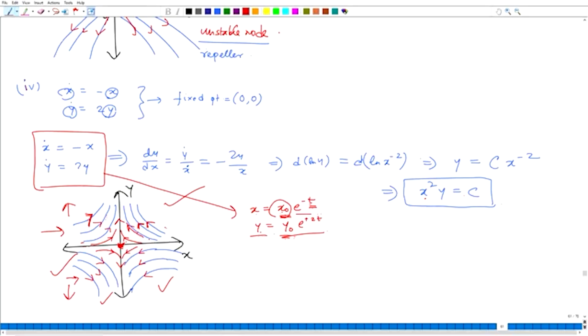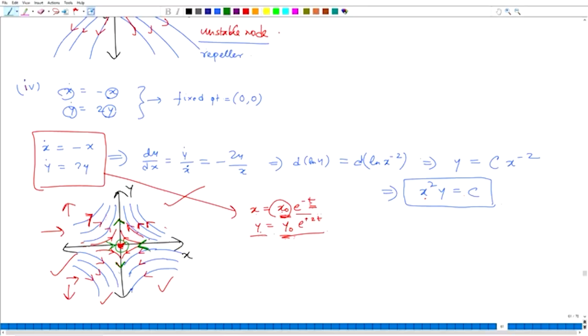So on the axis I take this green color, that will be the direction of the phase space trajectories. Now, you will see that along the y axis it looks like a repeller, but along the x axis it looks like an attractor.